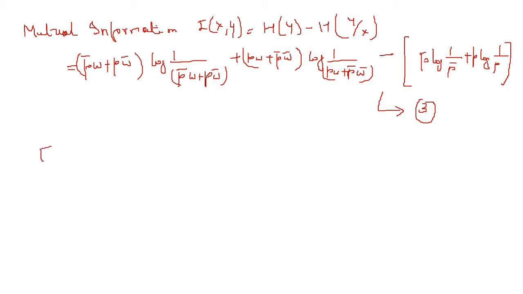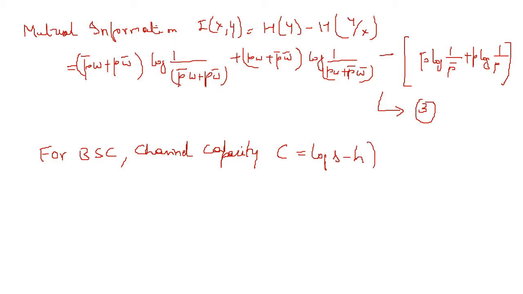So now for the binary symmetric channel, the capacity C is given as log S minus H, so much bits per second, by the definition of a symmetric channel.